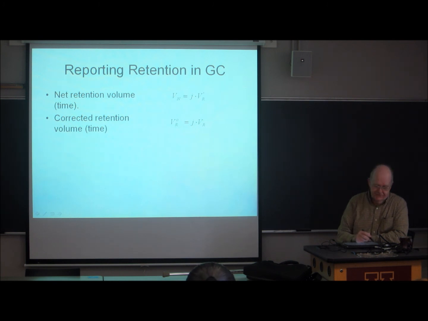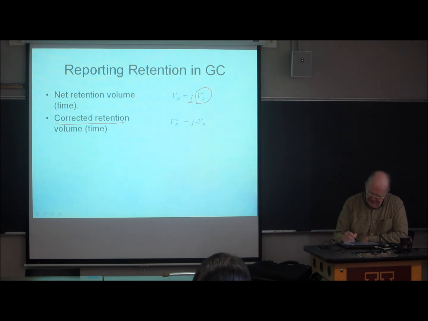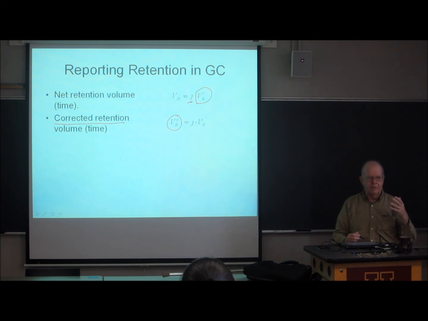The net retention volume is J, the correction factor, times the adjusted retention volume. And the corrected retention volume, VR naught, and these are all approved definitions, so everybody uses these definitions.